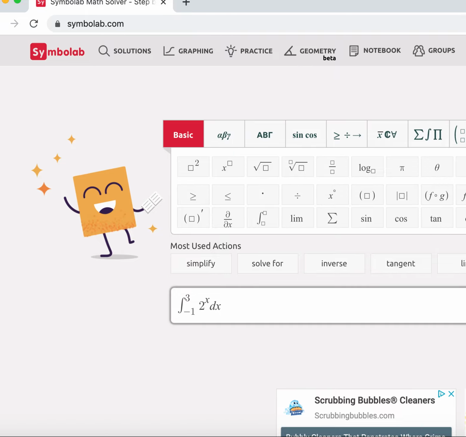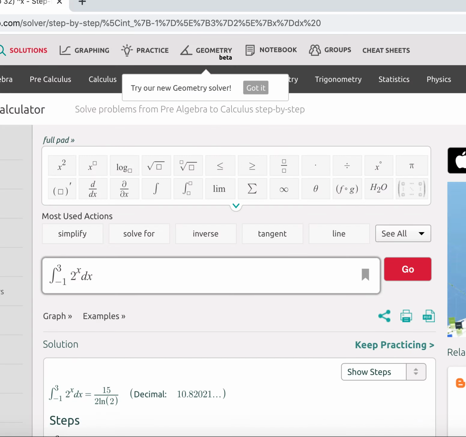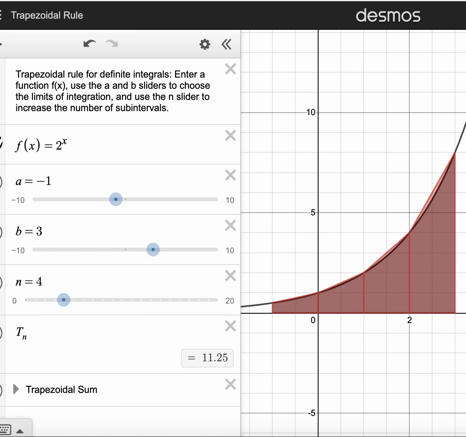But we'll just let it do it here and see what it says. Okay, so the true area is around 10.82. And not surprisingly, the trapezoid rule does overestimate this area because there's a little bit of the trapezoid that is not under the curve. So it's an overestimate.